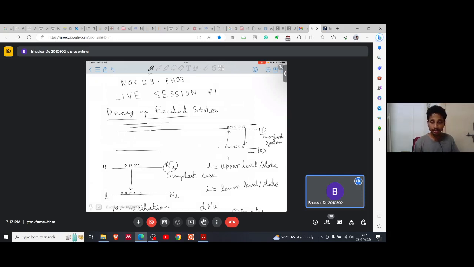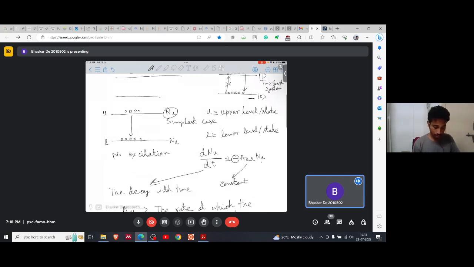Now when the excitation source no longer exists, or we have stopped the heat, the friction, or turned off the light, this excited electron will try to go to a lower energy state, that is the zero, the ground state.